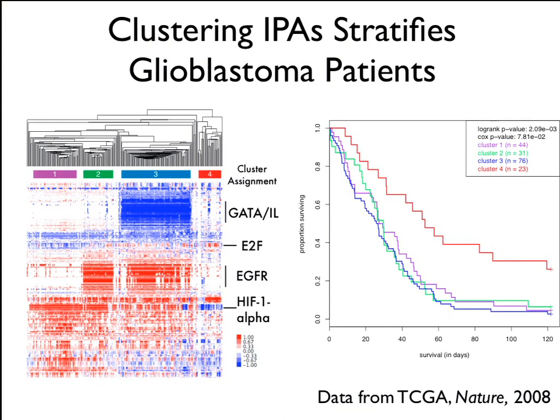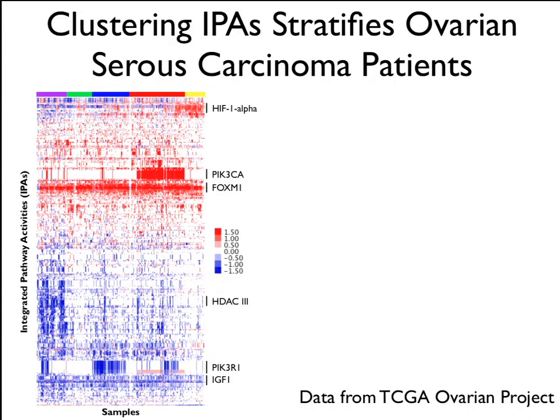So we're thinking that with this data, we weren't able to come up with IPAs. We think there's some signal from the data or from the copy number data in this cancer from TCGA.